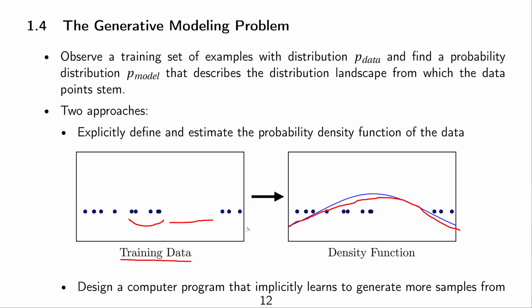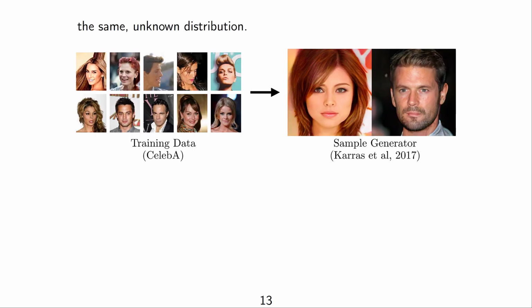So at the end, you are not able to evaluate what is the density value of one particular image. Looking at this visualization here, there would be a data set of multiple thousand face images, for example. A few of those from this training data set are shown here. And then the generative adversarial network should generate new face images that look like the face images in the training data.